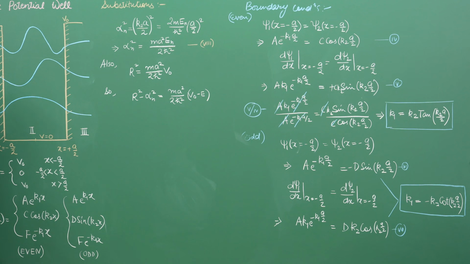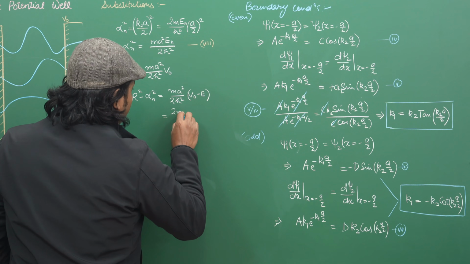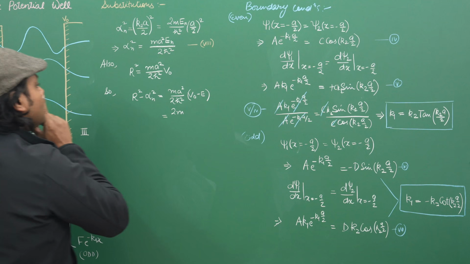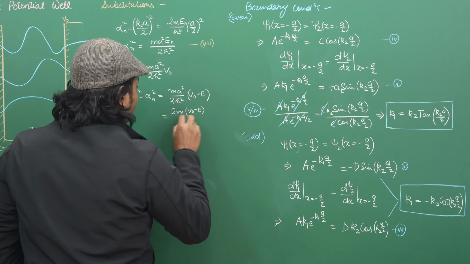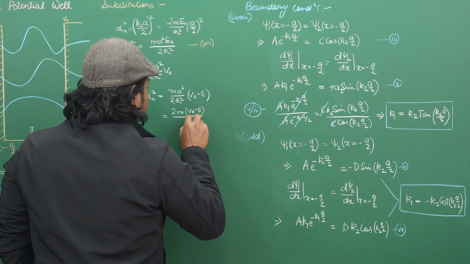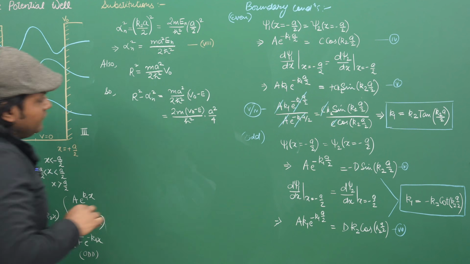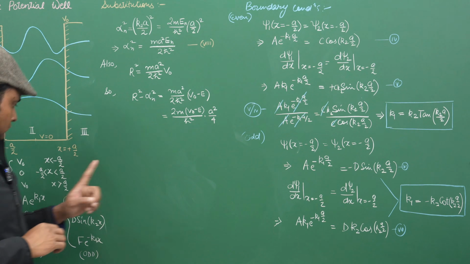Alright, now what is this? Here again I can simplify this as 2m V naught minus E upon h cross square times a square upon 4. What is 2m V naught minus E upon h cross square? That is K1.